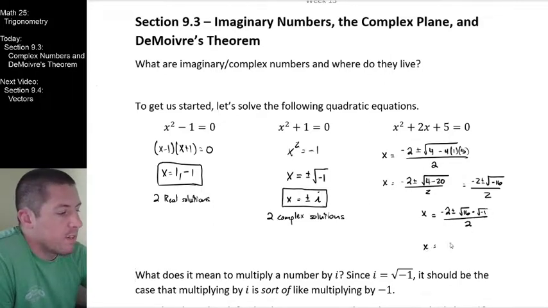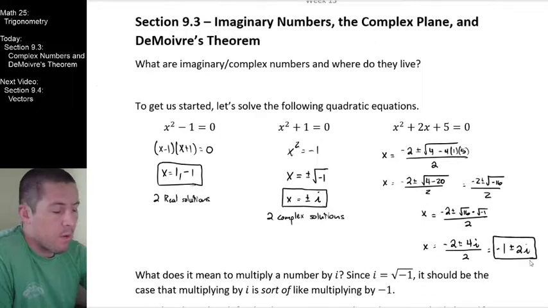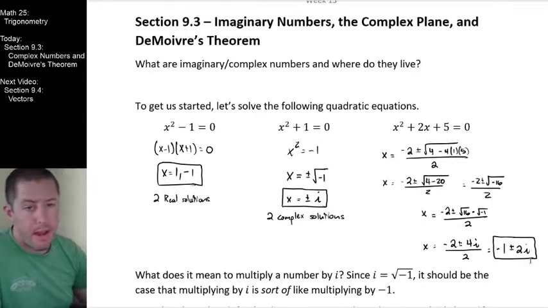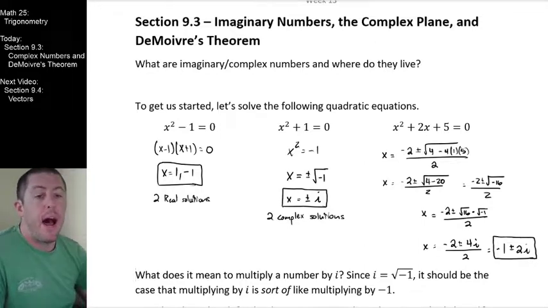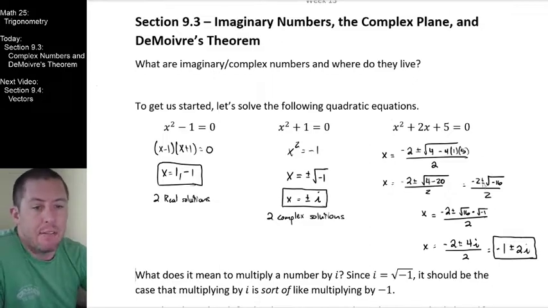The square root of 16 is 4. The square root of negative 1 is what we've called i, all divided by 2. So we're getting negative 1 plus or minus 2i. This would be my complex valued solution to that quadratic, negative 1 plus or minus 2i, and that i comes from the negative underneath the square root.